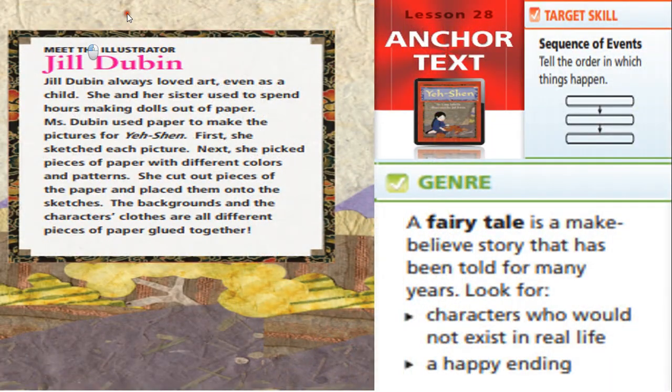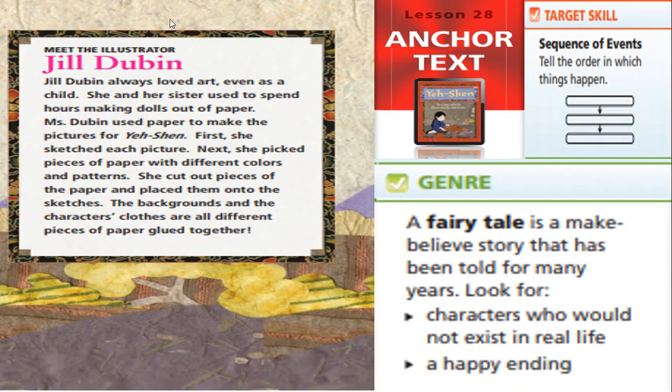Meet the illustrator, Jill Dubin. Sorry, Dubin. Dubin always loved art, even as a child. She and her sister used to spend hours making dolls out of paper. Ms. Dubin used paper to make the pictures for Yeh Shen. First, she sketched each picture.